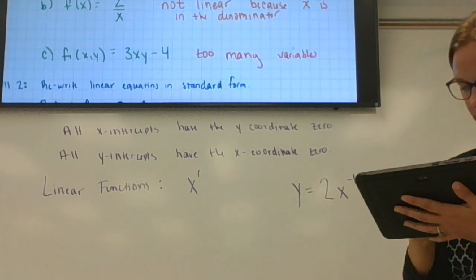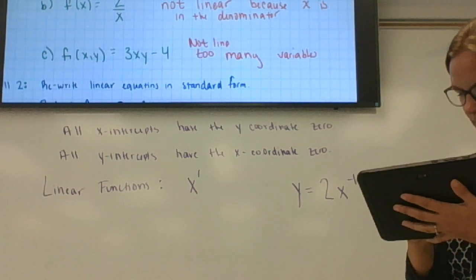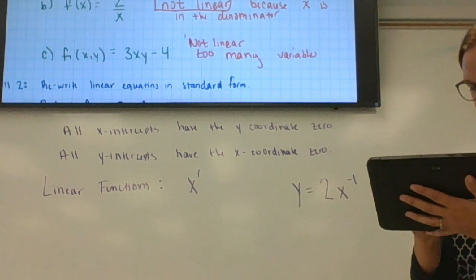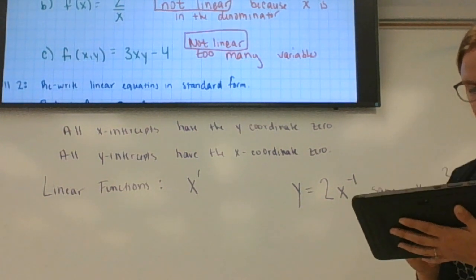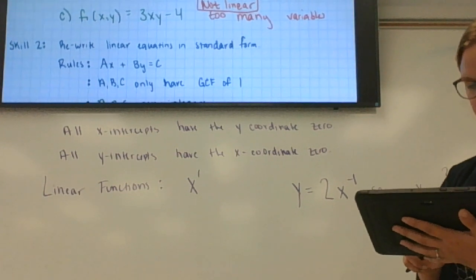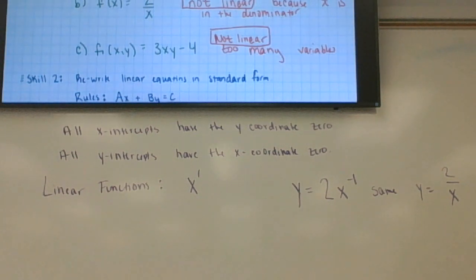So no, I should write no there. So x can't be in the denominator, so can x be in the numerator and it could be called linear? Yeah, it must be in the numerator.